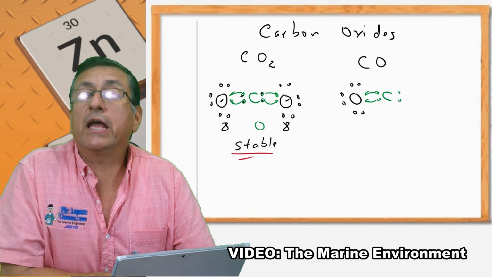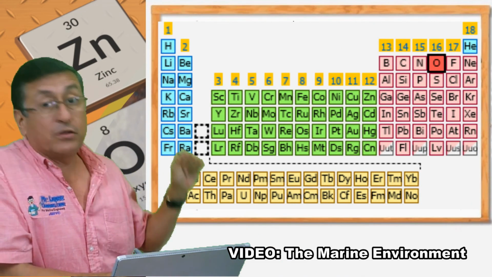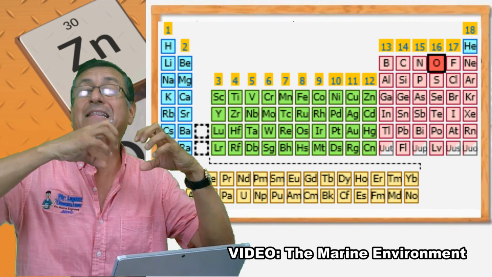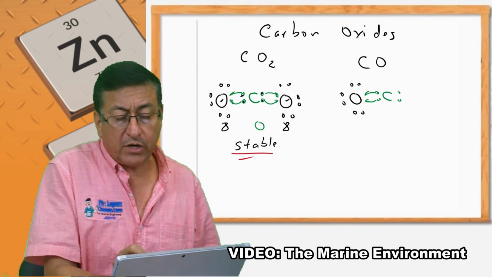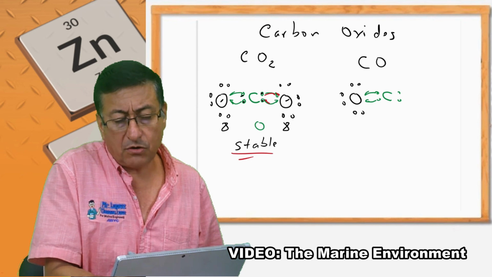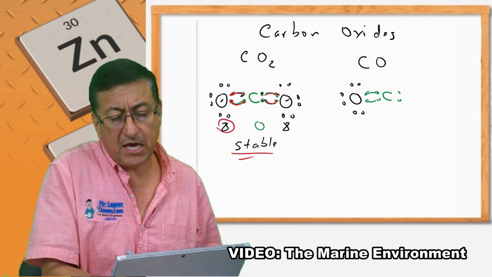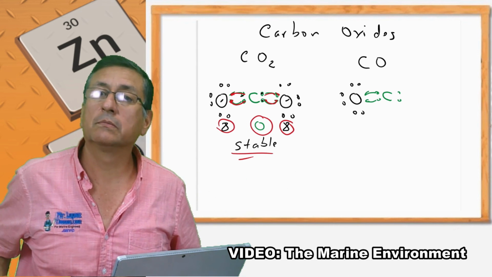Which one has more energy? Oxygen, because oxygen is located in that corner of the periodic table with more electronegativity. Oxygen needs or attracts 2 electrons from the carbon. This electron is going here, the other one is going here, this one is going here, the other one is going here, and each oxygen completes 8, and carbon 0. And that molecule is stable.